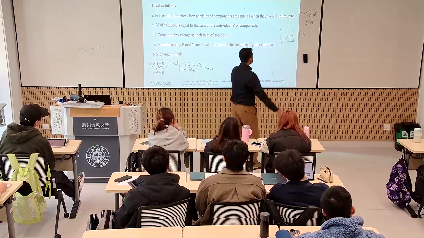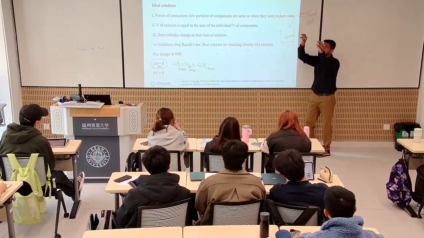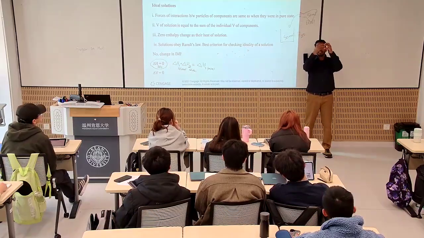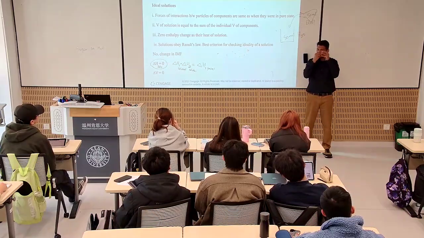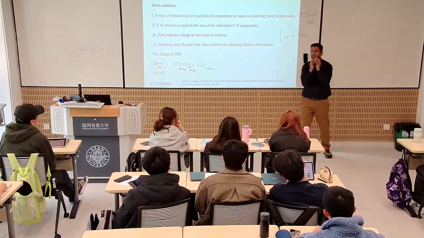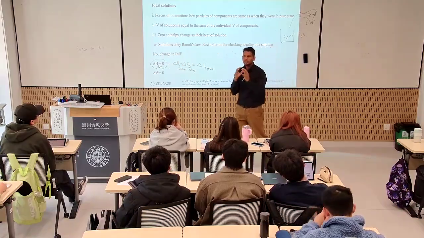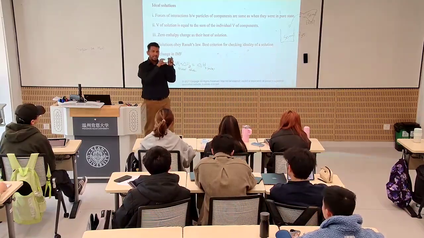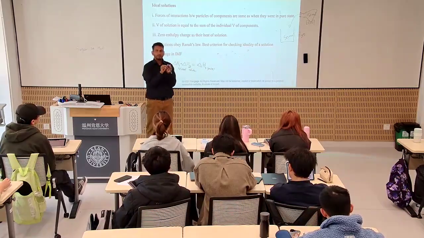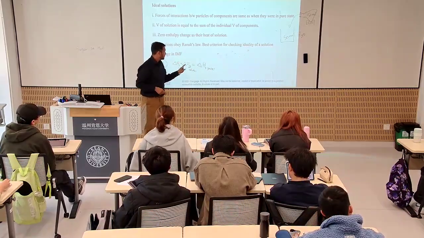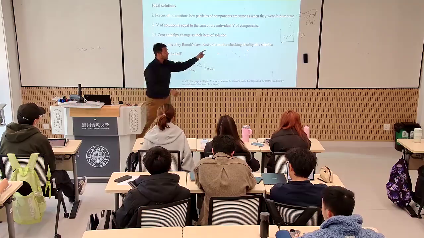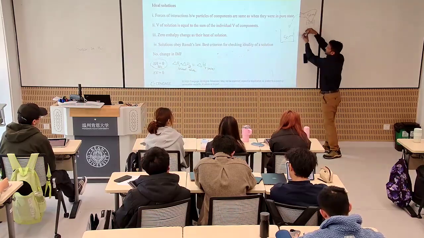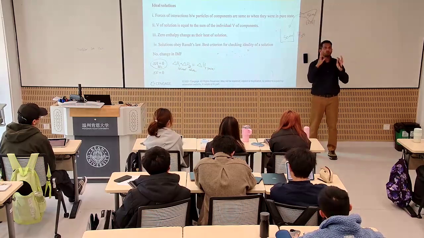Why? Because when these two kinds of particles combine, their volumes do not add up. When they combine, with more internal forces, they shrink. They occupy less volume due to strong internal forces. So when you mix two liquids, their net volume does not sum up. If ethanol and water have less interaction, then their volume is more than 100.